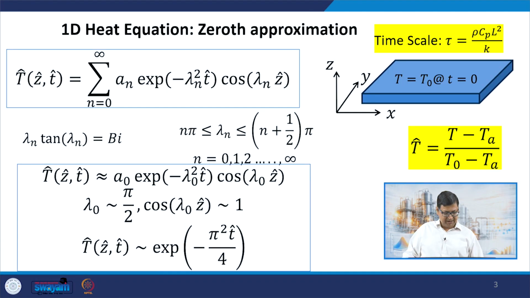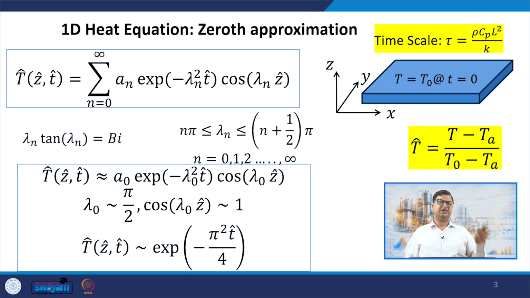So, let me now try to see, without solving this equation, can we get some insights into what is possible? Of course, we can numerically solve it, but can we get some insight without solving it completely? One way to get that insight is to approximate the series form as only the first term. There are two possibilities: if every subsequent term is bigger than the previous term, then this temperature will diverge.